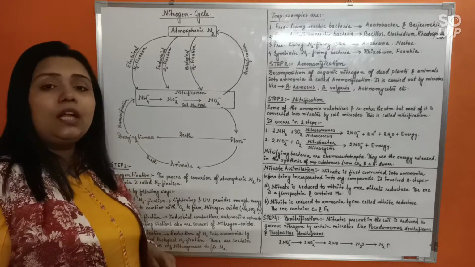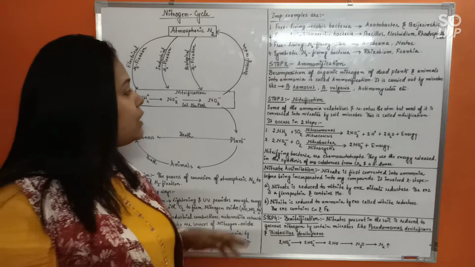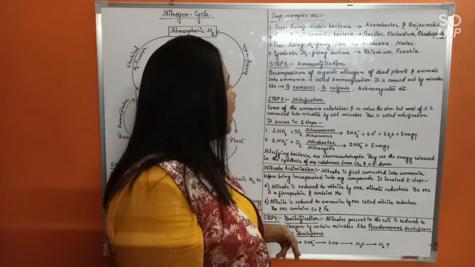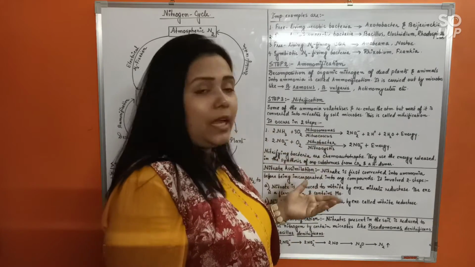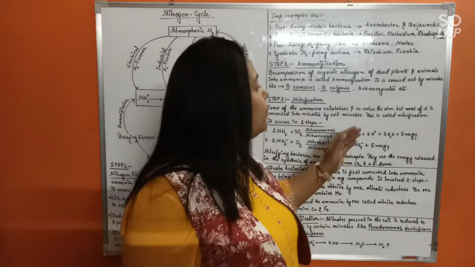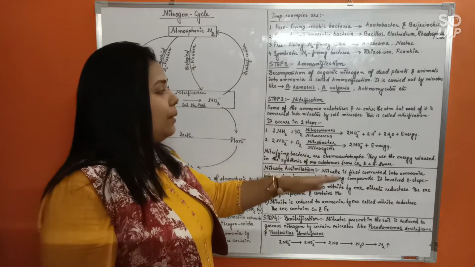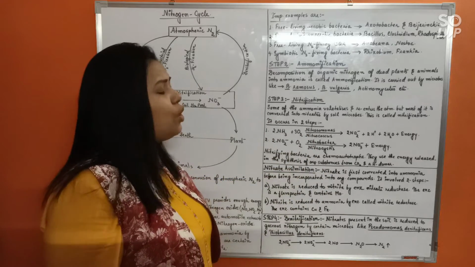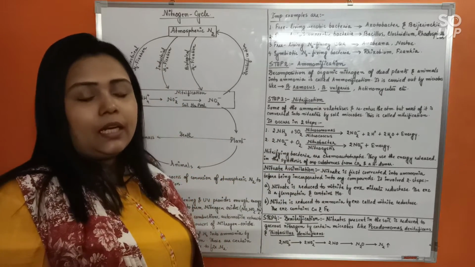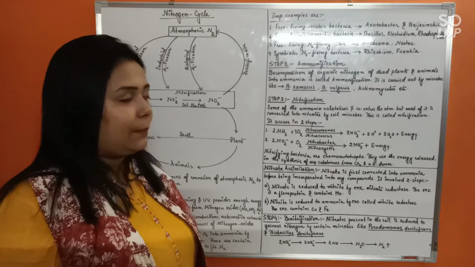This is what is called nitrification. So see here, some of the ammonia volatilizes and enters the atmosphere. Fine, but most of it is converted into nitrates by soil microbes again. This is called nitrification.